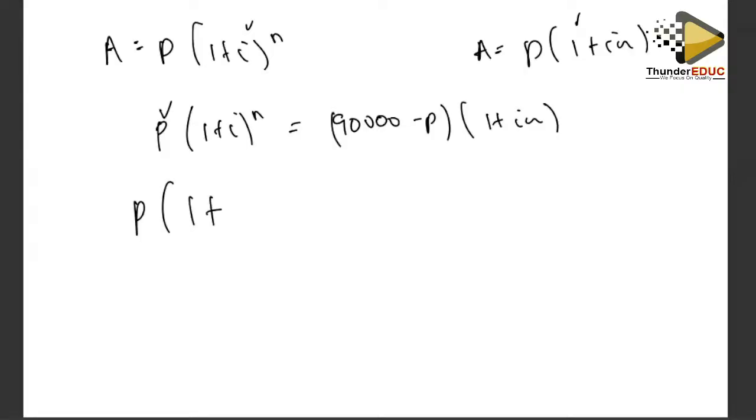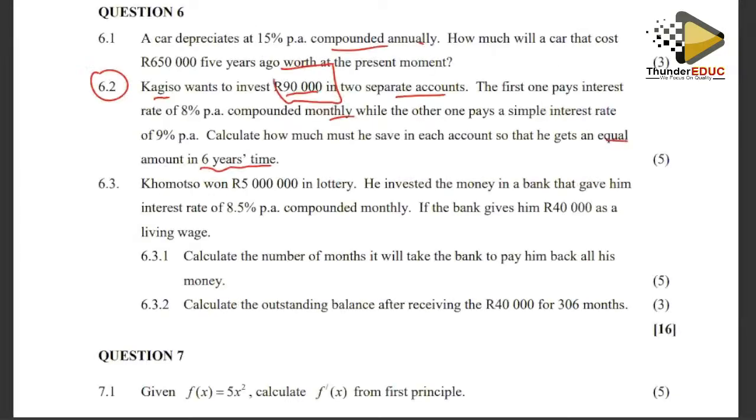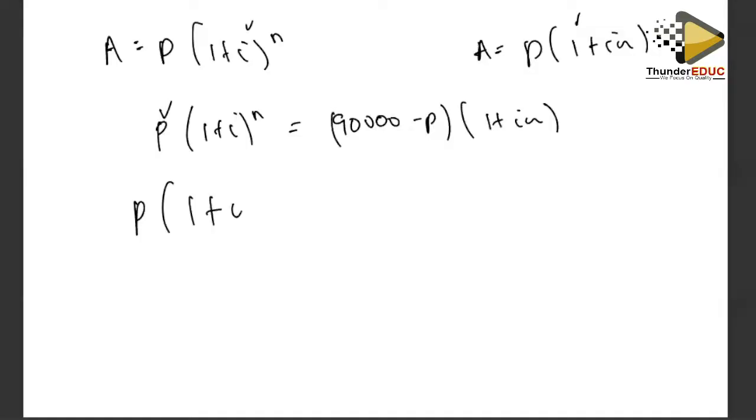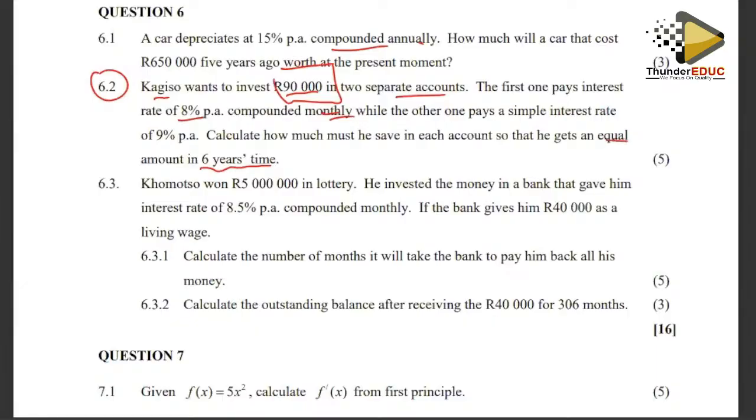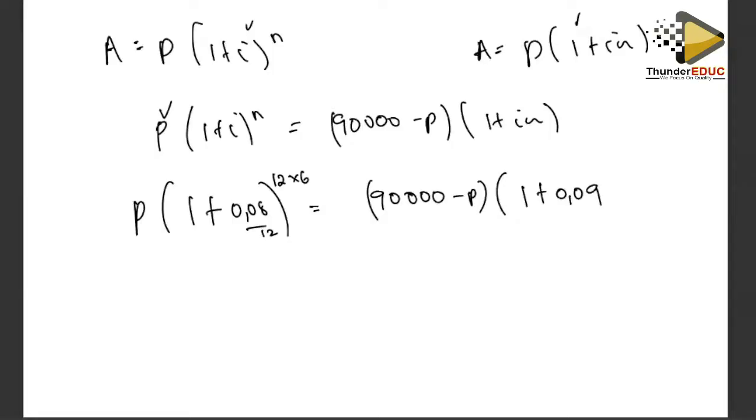This is 1 plus the interest rate for the compound, which is 8% monthly, so it's 0.08 over 12, to the exponent of, for how long? For 6 years now, so times 6. This is 90,000 minus P into 1 plus, the interest rate there is 9% per annum, so 0.09 multiplied by 6.